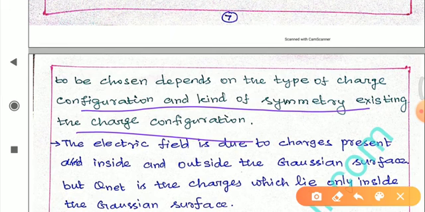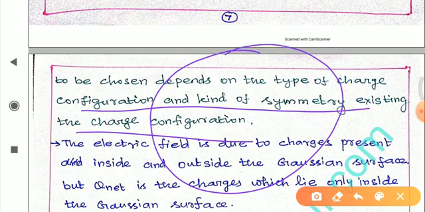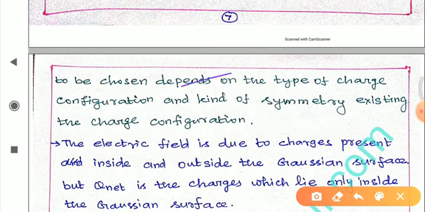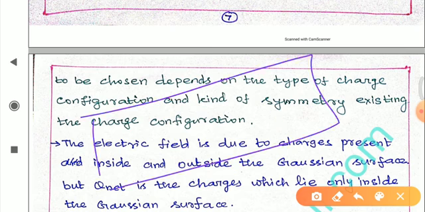Then the symmetry property also we have to consider, because if the total surface is a sphere, each area element should be considered spherical. If the entire area is in the shape of a square, each area element should be taken as a square. If it is a rectangle, each area element should be considered as small rectangles. So this is the meaning of this sentence.